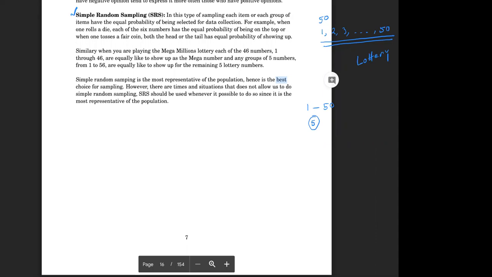That's how simple random sampling works, absolutely without any bias or anything. And this is the kind of sampling you'd want to do in most cases, simple random sampling, if possible, or we can get as close to it as possible.